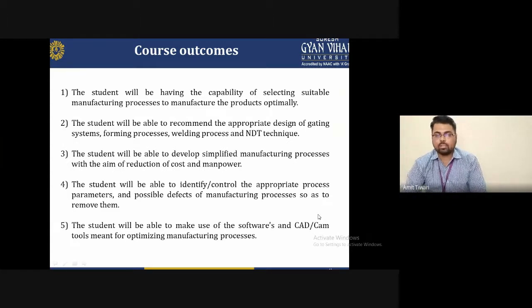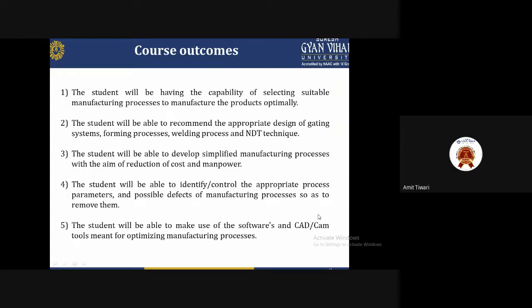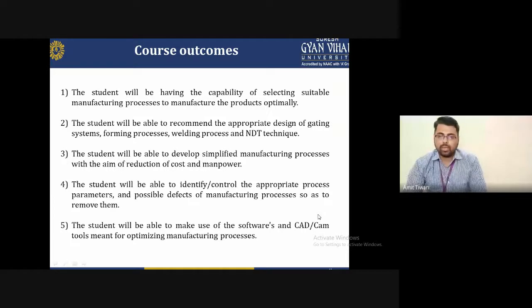The first is that the student will be able to understand and select the suitable manufacturing process to manufacture the product optimally. Second, the student will be able to recommend the appropriate design of a gating system, forming processes, welding process, and NDT, non-destructive testing techniques. Third, the student will be able to develop simplified manufacturing processes with the aim of reducing cost and manpower.